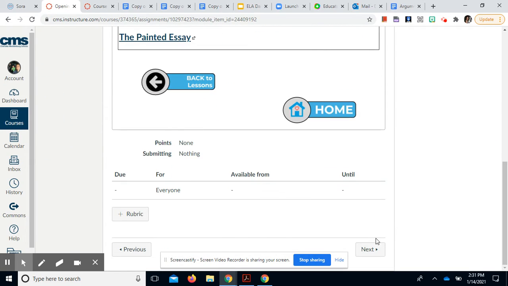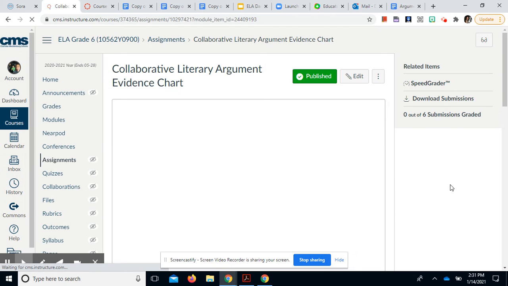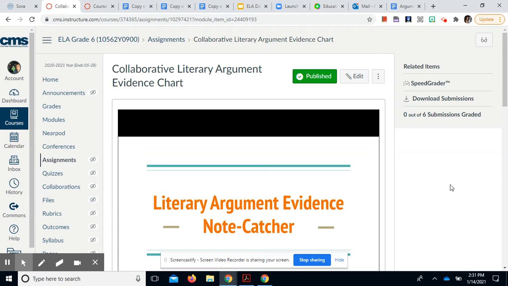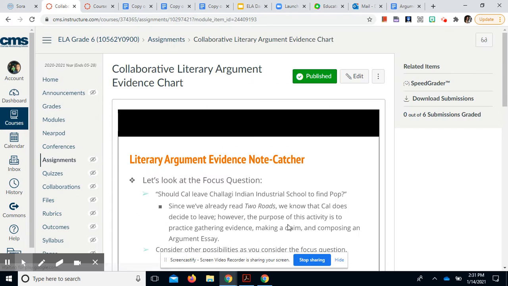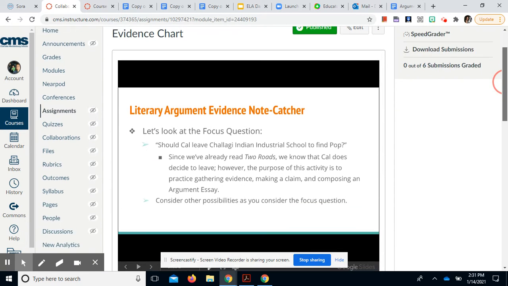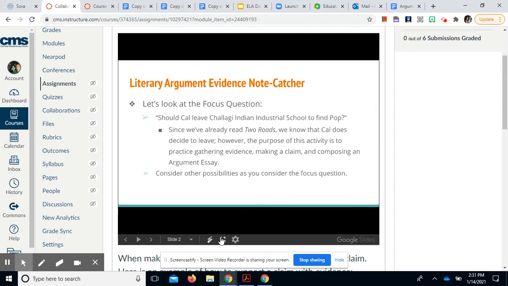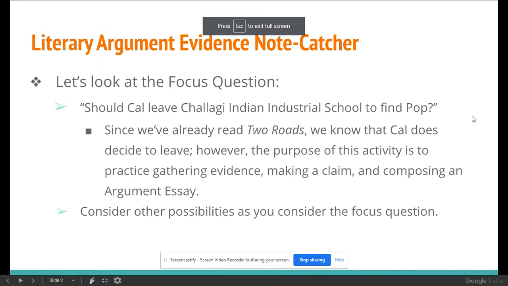All right, let's go ahead and get into the collaborative literary arguments evidence charts. So one thing I want to point out, this note catcher and this next essay are focused on a different question than the letter.